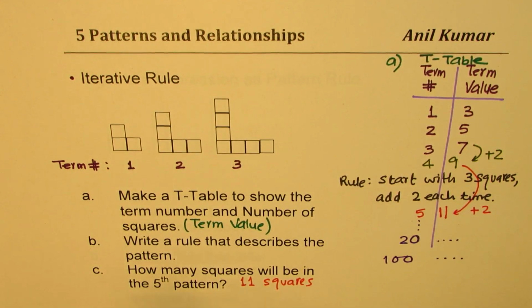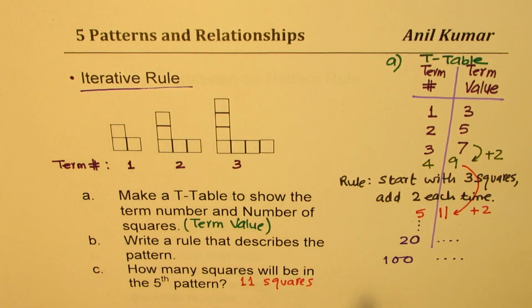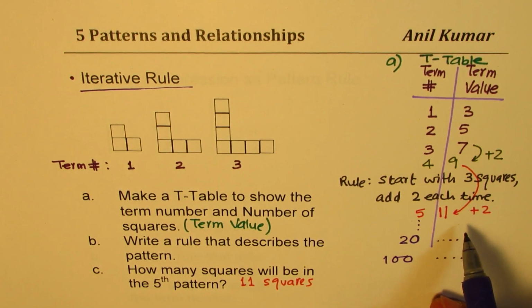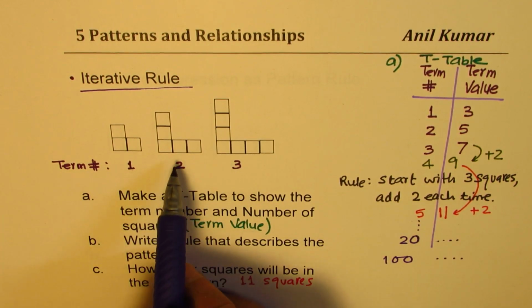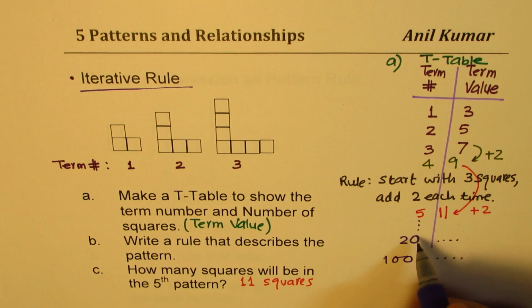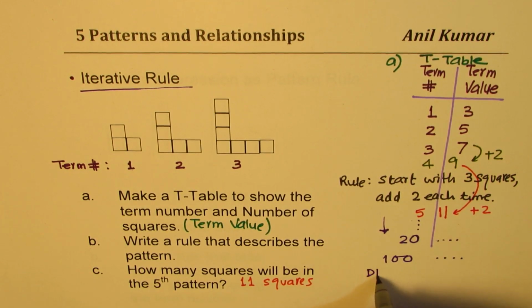So this method, which we call the iterative rule, iterative means repetition, right? So what do you repeat? You start at some number and keep on adding 2 each time. So we are trying to find the number with reference to what we already have. So we add them and then grow it. You get the idea, correct? So that is the limitation. Getting to this stage is difficult.